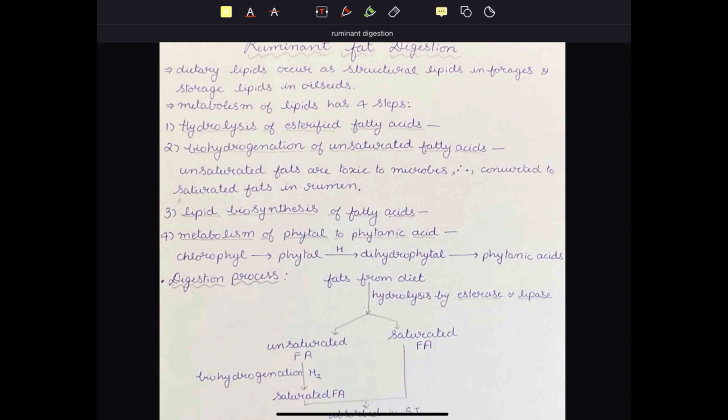We have fats from the diet, then the microbes will release the enzymes esterase and lipases, and they will cause the hydrolysis of fats. Then we have release of fatty acids, and these fatty acids are of two types: saturated and unsaturated. The unsaturated fatty acids are toxic for the microbes, so they are converted to saturated fatty acids by a process called lipid biohydrogenation. Biohydrogenation of unsaturated fatty acids will produce saturated fats in the rumen.